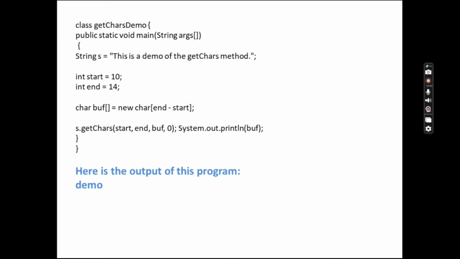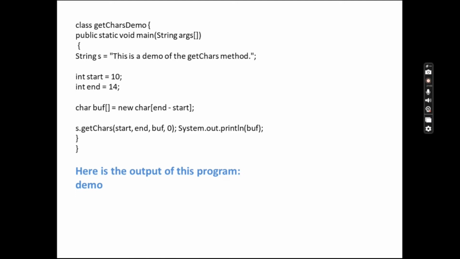From start 10 to end 14, you have to store it in the buffer, starting from 0. So demo is the word that is at index 10 in the string s, and we are extracting that demo from string s, storing it into the buffer array, and printing the buffer array.